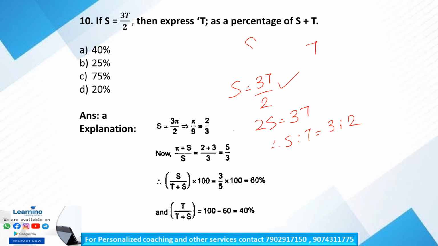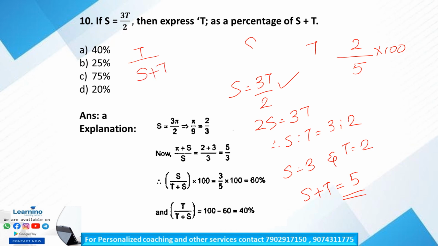So let s equal 3 and t equal 2. What is s plus t? It is 2 plus 3 is equal to 5. Now we have to express t as a percentage of s plus t, which is t by s plus t into 100.